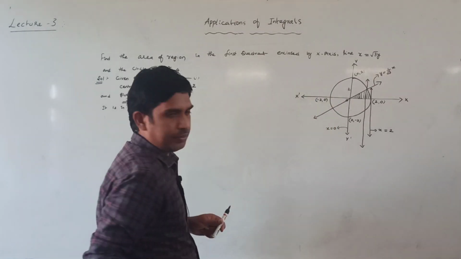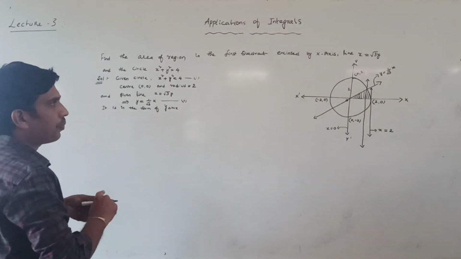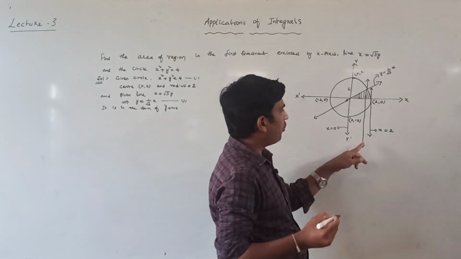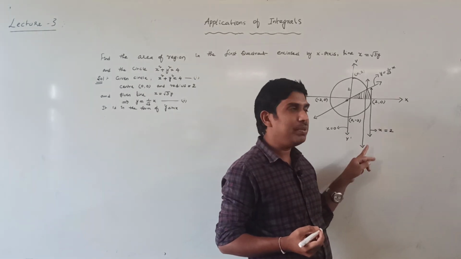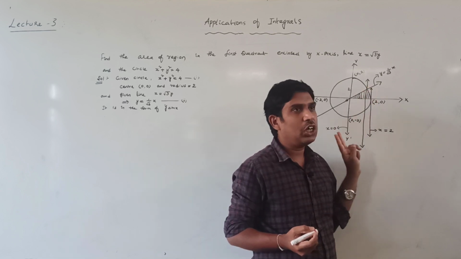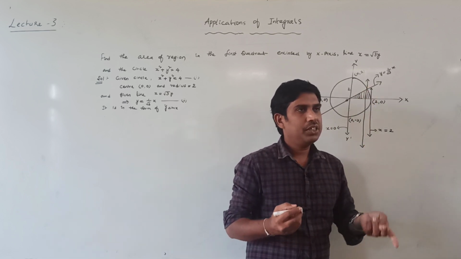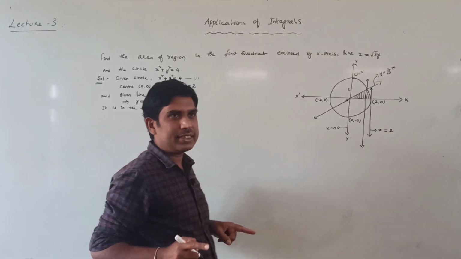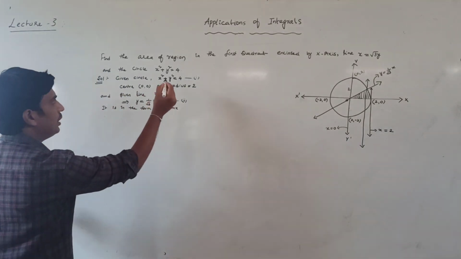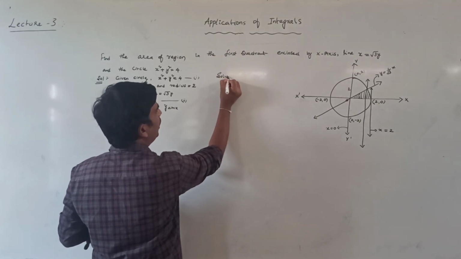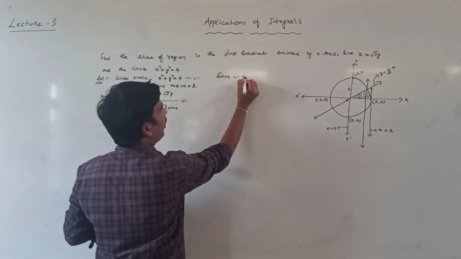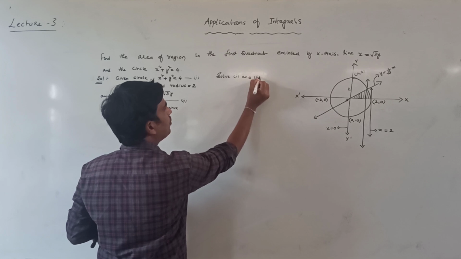So therefore, first of all, we have to find this line equation. How to get it? Where the line and the curve intersect, we have to find that, which means we have to solve these two equations. So here you write down: solve 1 and 2.